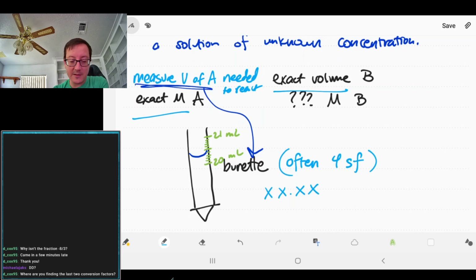So that's practically how this is done, but let's look at it theoretically.